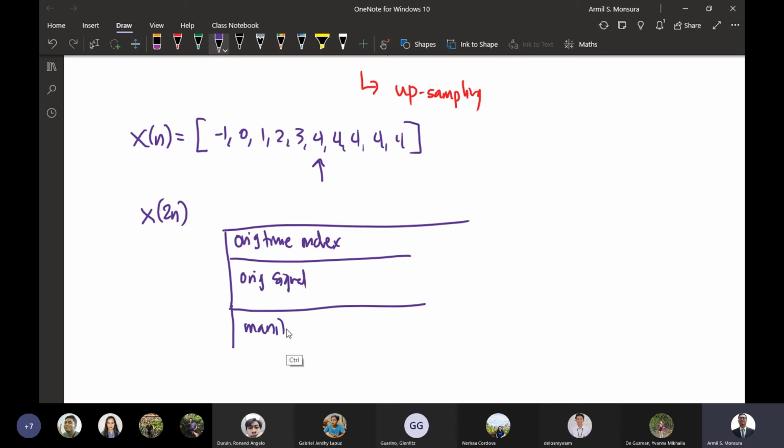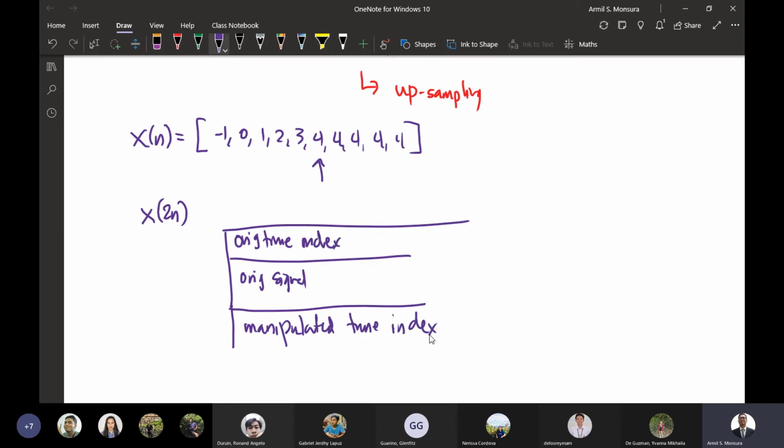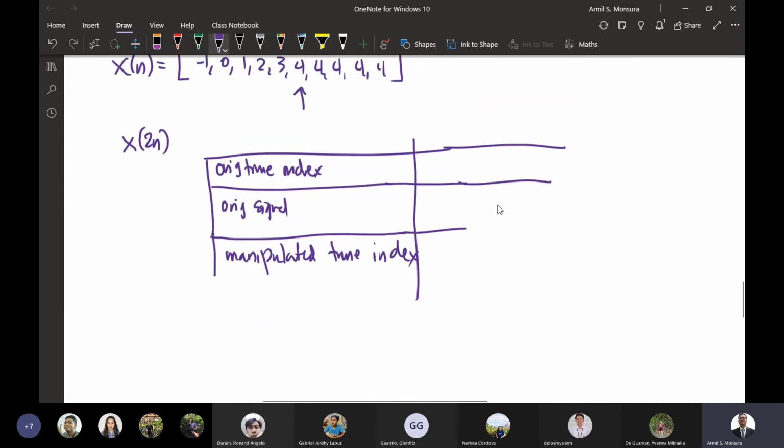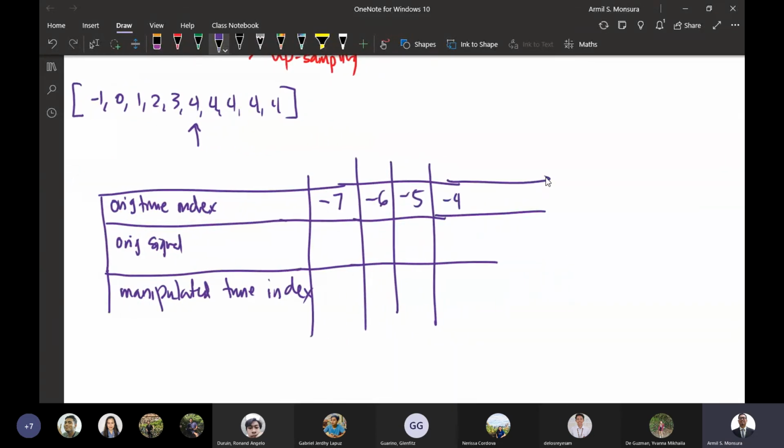Then, manipulated time index. Okay? Ganito ang mangyayari sa manipulated time index nyo. Halimbawa, ang original time index niyo ay sabihin natin negative 7, negative 6, negative 5, negative 4, negative 3, negative 2, and so on.